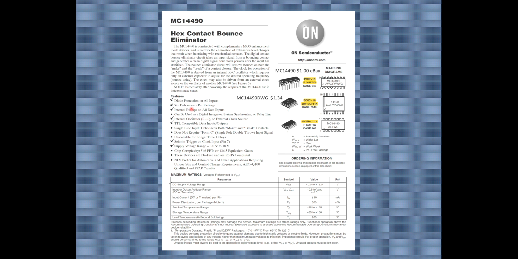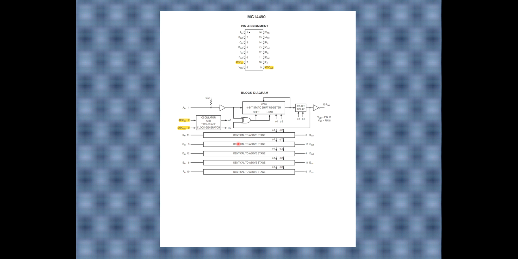It has 6 debouncers per package, so it handles only 6 switches. TTL compatible, internal oscillator, voltage range 3 to 18 volts, so it'll work on a 3.3 volt system. And this is where your capacitor has to go between pins 7 and 9.